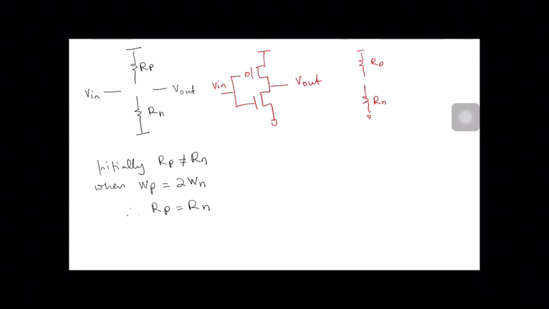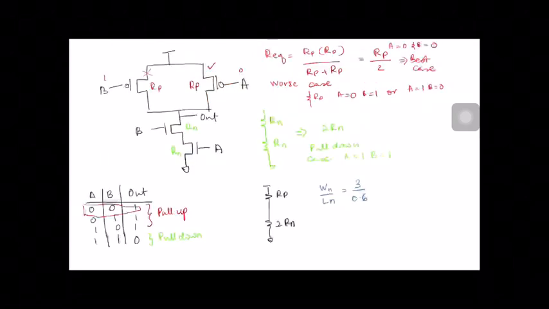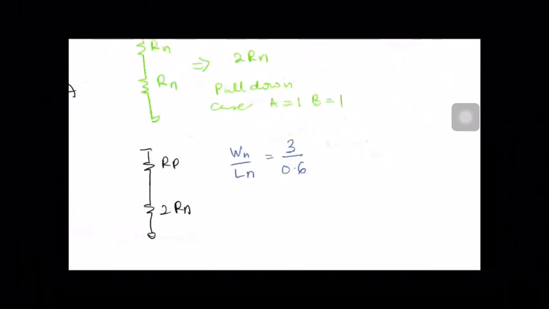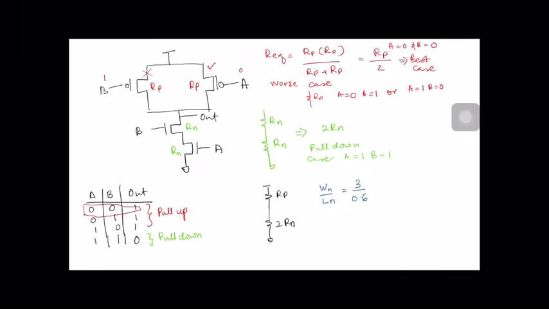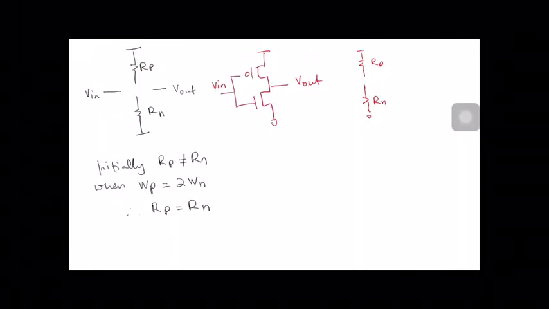And because mu P is not equal to mu N, we had the sizes 3 over 0.6, and this has to be double, so 6 over 0.6, right?